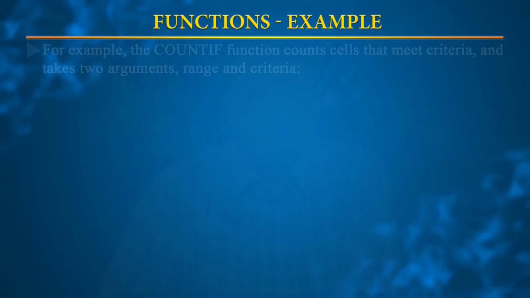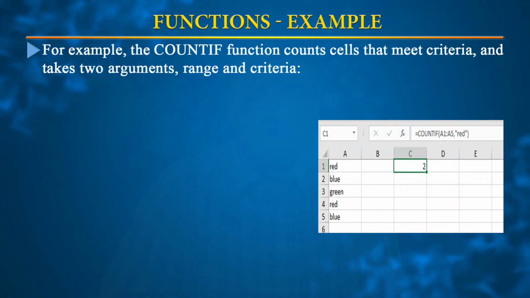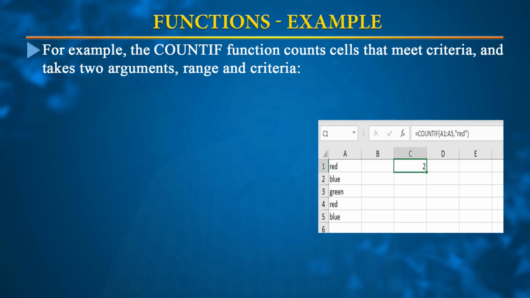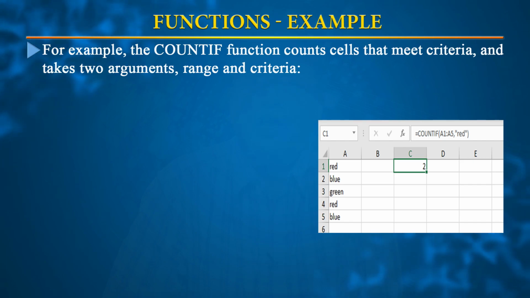But there might be a situation when you want to count something on the basis of some condition. Say in a column there are some colors, likewise red, green, blue, red, and you want to know how many times red is repeated.